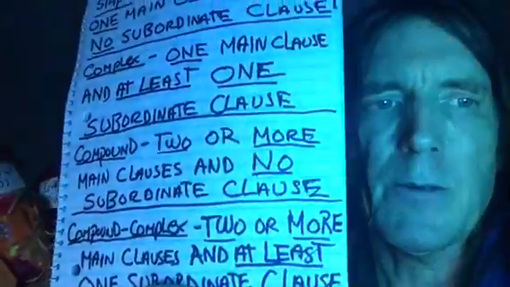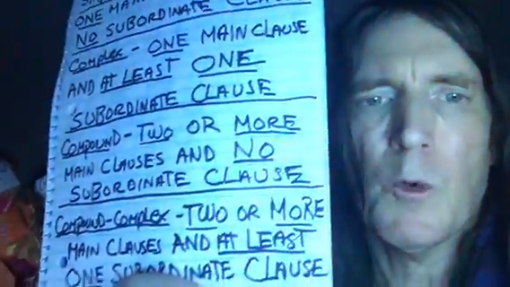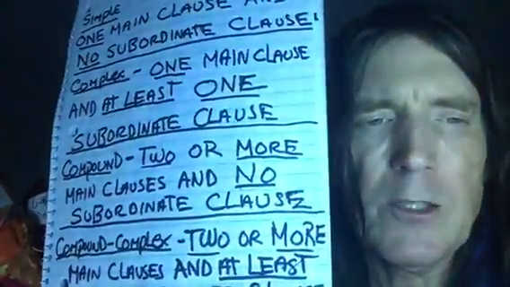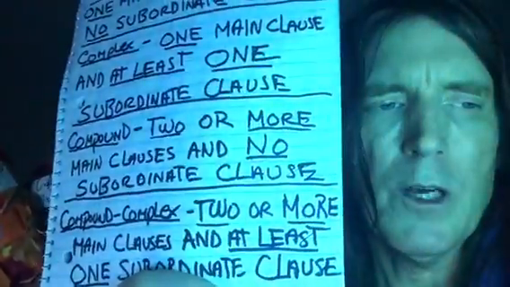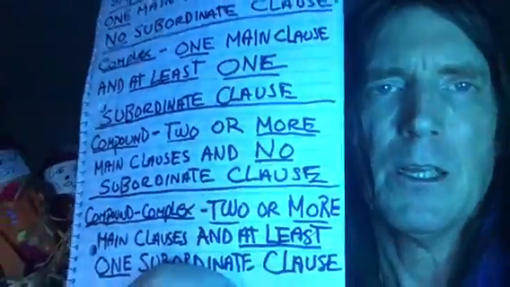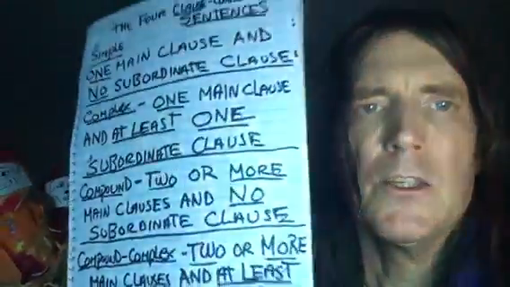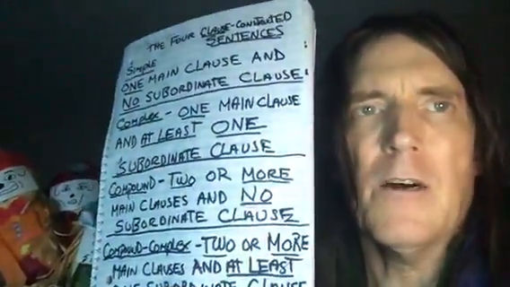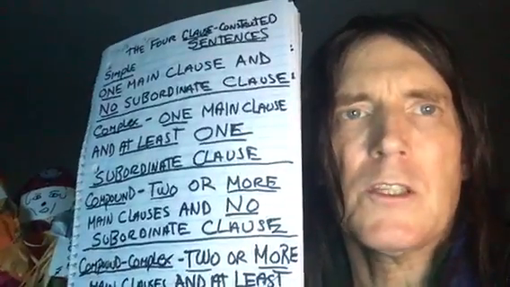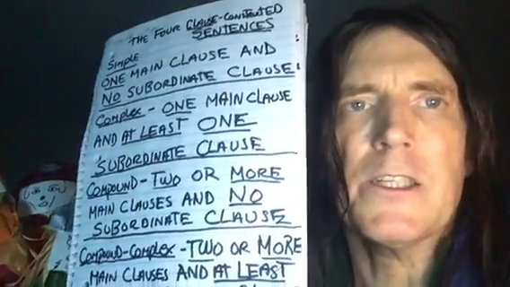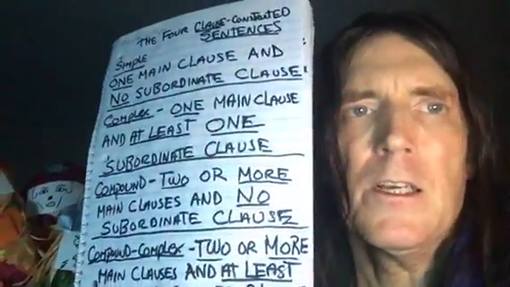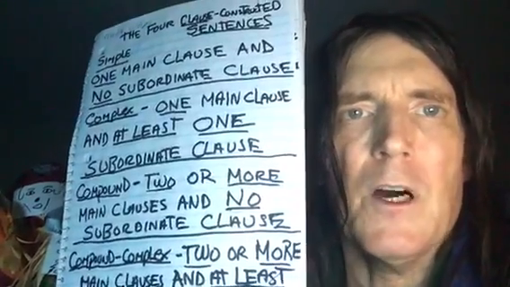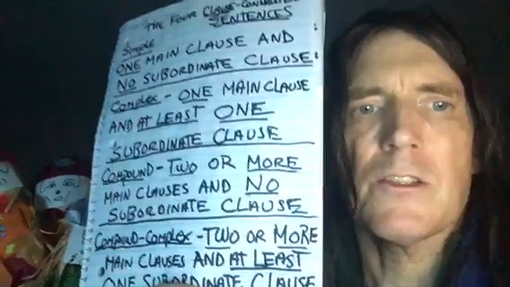A compound complex sentence has two or more main clauses and at least one subordinate clause. So those are your four types of clause constructed sentences.